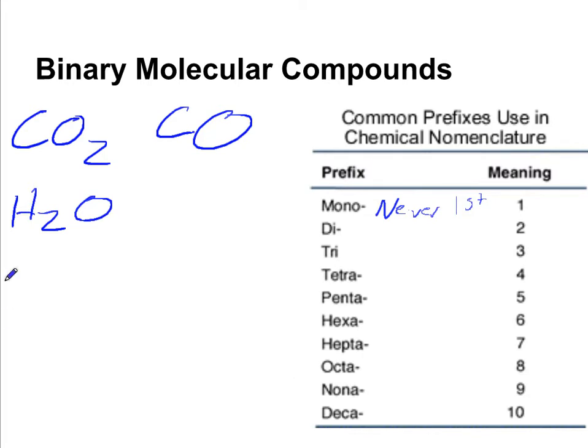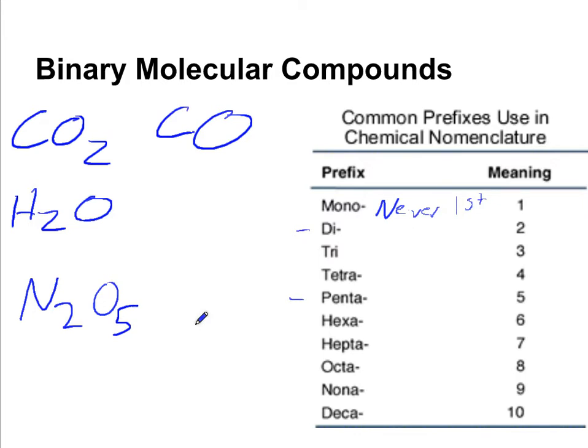So just a couple more examples here. If we wanted to write the formula for dinitrogen pentoxide, di means 2 and pent means 5, so N2O5 is dinitrogen pentoxide.